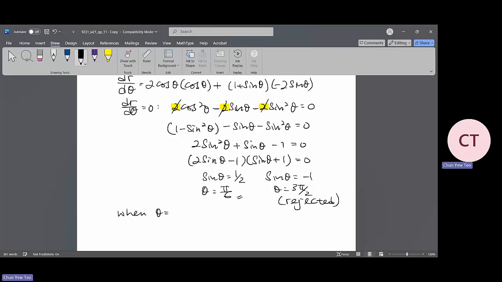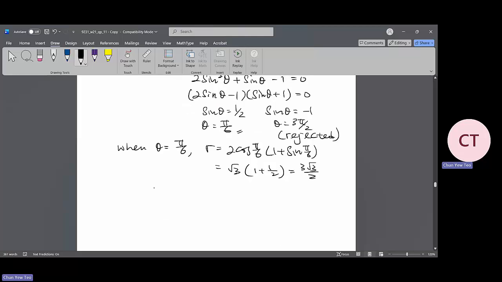When theta is equal to pi over 6, my r is equal to 2 cos theta times (1 plus sine theta). That will be root 3 times (1 plus a half). Then you will get 3 root 3 over 2.